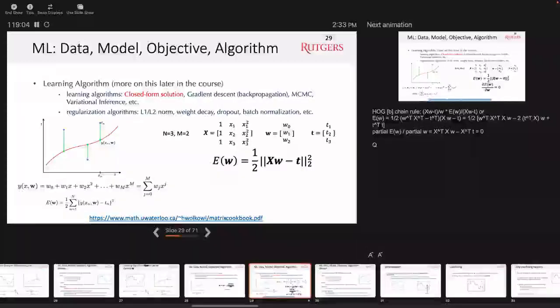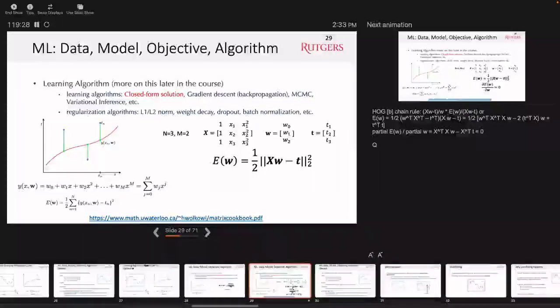For example, you have 10 data points, but sometimes you only want to fit a third order polynomial, right? So it's not going to be that easy. But anyway, we can develop some ways of learning the optimal W such that we can minimize the objective function.